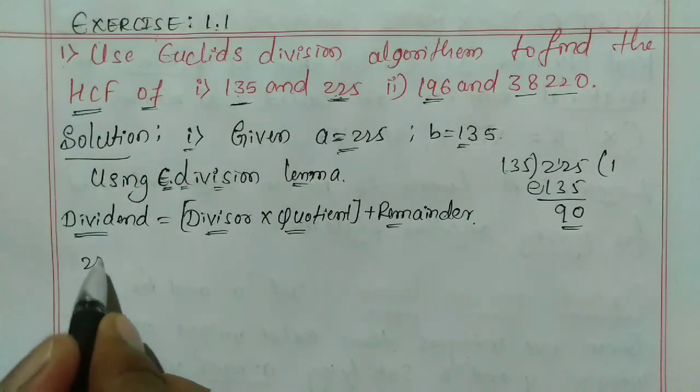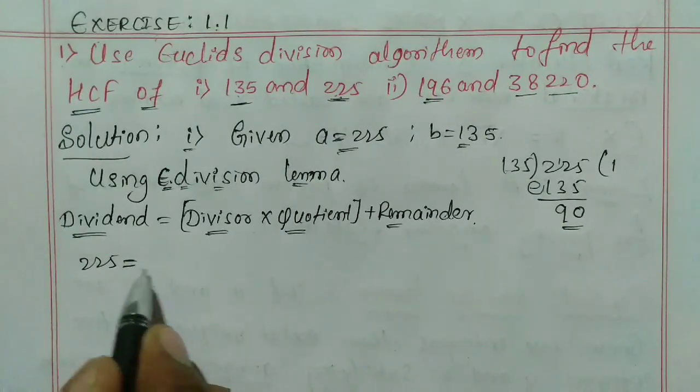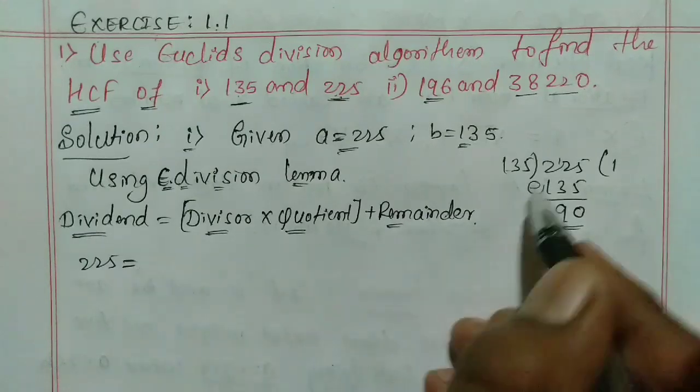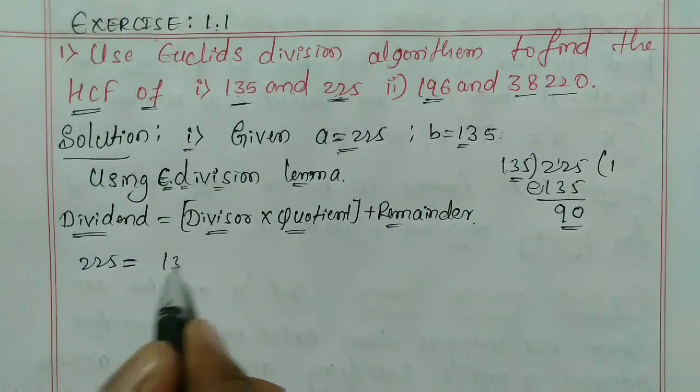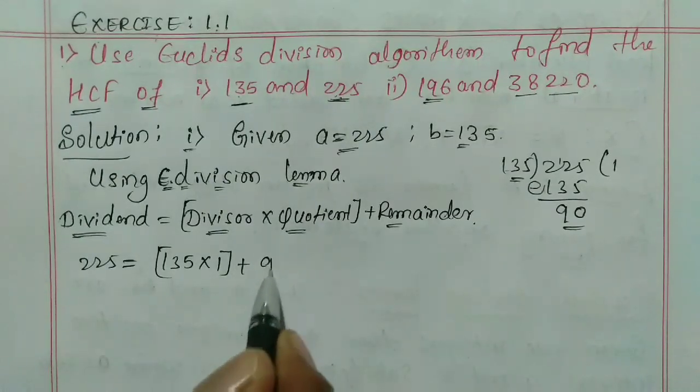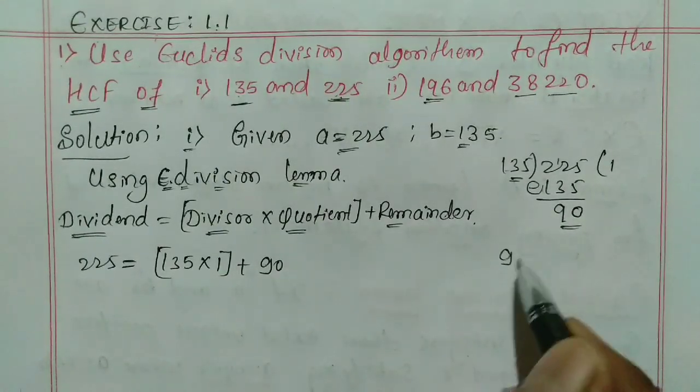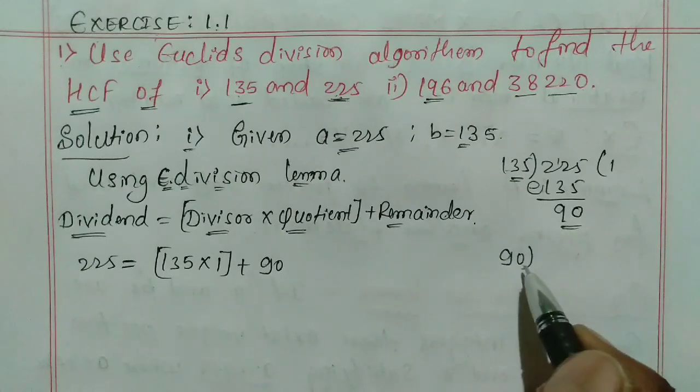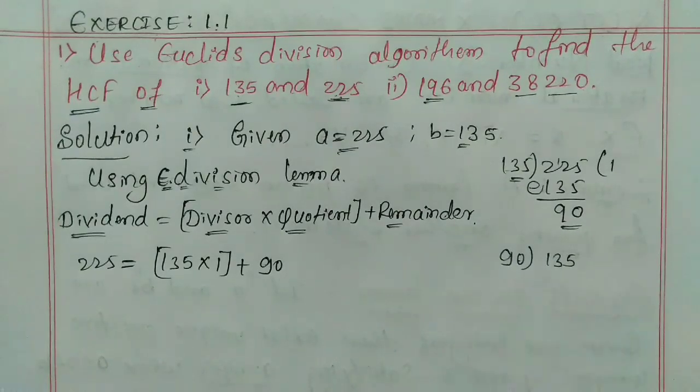Here the dividend is 225, so 225 equals divisor 135 into quotient 1 plus remainder 90. Again, write 90 and 135.